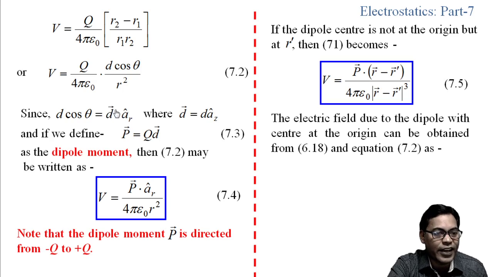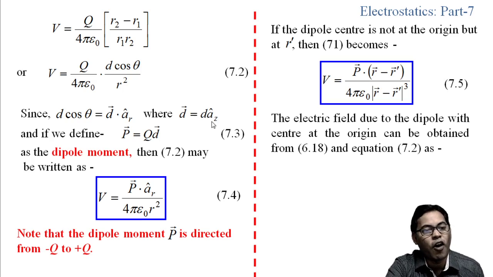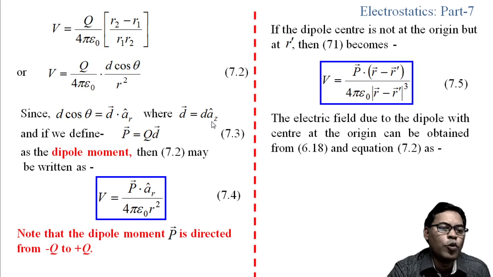Here this vector d is written as d az. Here d is the magnitude of vector d, and az is the unit vector of d, which is along the z direction. Now we can define the dipole moment by this expression 7.3, that is p equals qd.